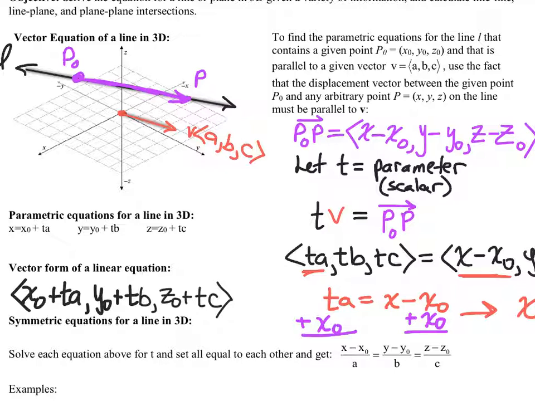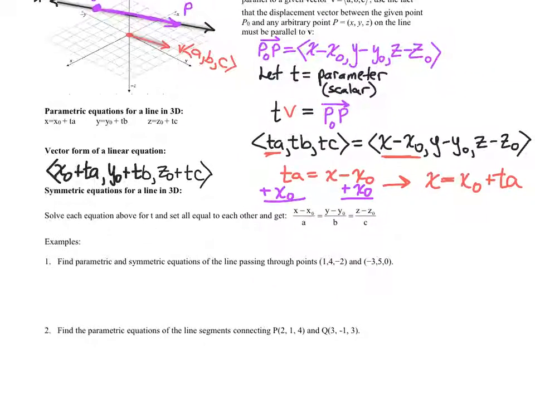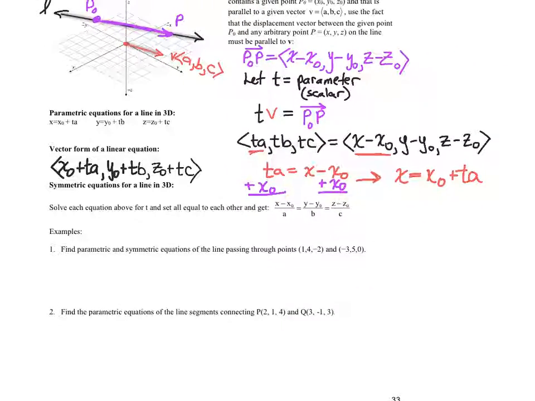I guess I don't need to scribble it out, but if you want to, by all means. You can write a little note, disregard, because each one of these equations is solved for t and then set equal to one another. I don't think you need to define it in any particular way in order to come up with those rules.